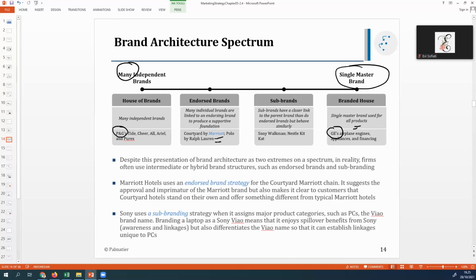Sub brands. So there is a parent product there. Sony Walkman, Nestle KitKat. So there is the parent product in the first word. Yeah. So this is the spectrum from the house of brands into the endorsed brand into the sub brand until the branded house.